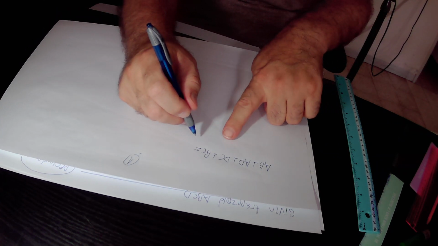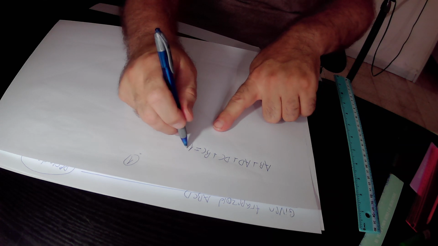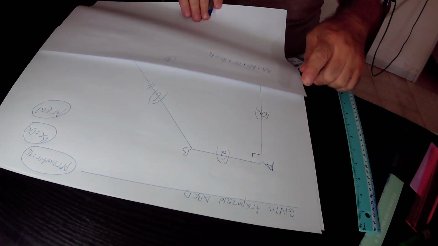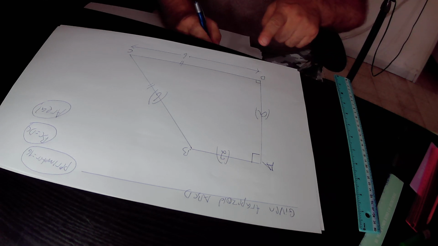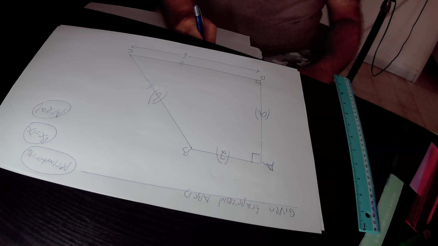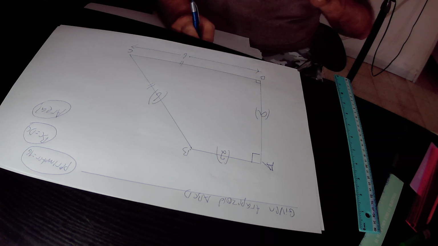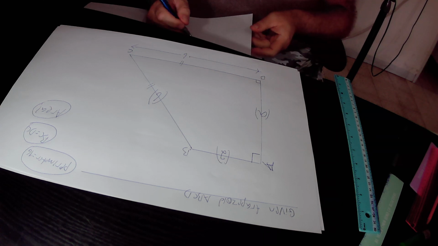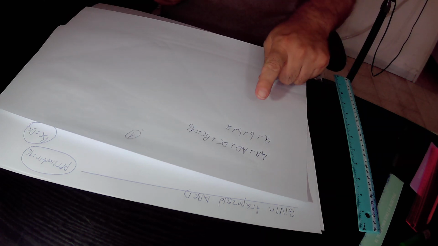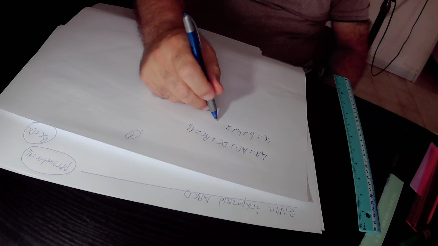AB plus AD plus DC plus BC is 16. AD equals A, plus DC, which equals B, plus BC, which also equals B, plus AB. AB is 2. So in total, A plus B plus B plus 2 equals 16.